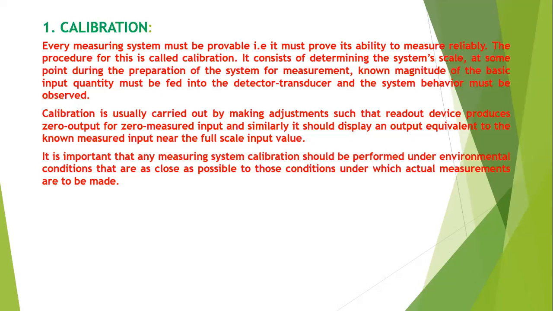For example, if the diameter of the shaft is 10 millimeter and you measure it using a micrometer, instead of getting 10 millimeter, you may get 9.999 or 10.01. That may be a positive or negative error in the measurement. That can be minimized or avoided by using the calibration method.